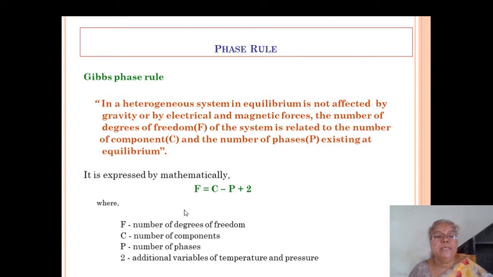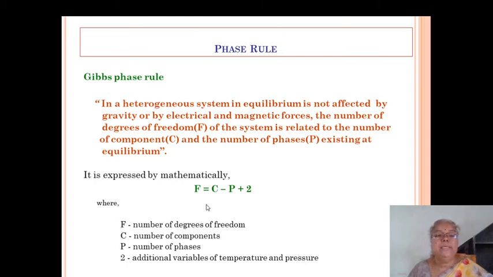Mathematically, it is expressed as F equals C minus P plus 2, where F is the degrees of freedom, C the number of components, and P the number of phases in the system. When we put P towards the left hand side, the other phase rule equation is P plus F equals C plus 2.